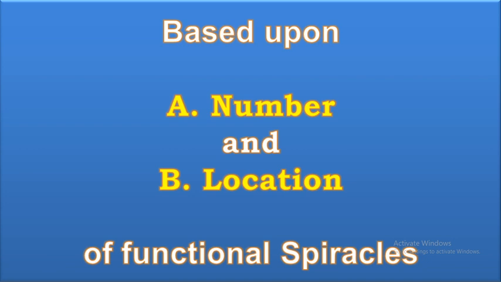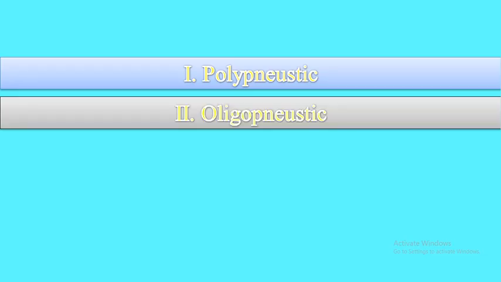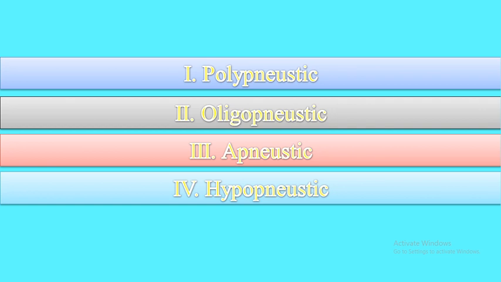As you have seen earlier, there are two thoracic spiracular pairs and 8 abdominal pairs. So on the basis of number and position or location, first is the polyneustic, second oligoneustic, third aneustic, fourth hyponeustic, and fifth hyperneustic.